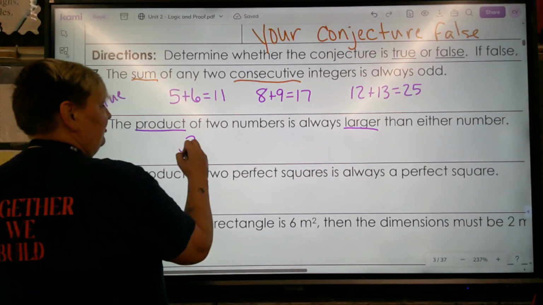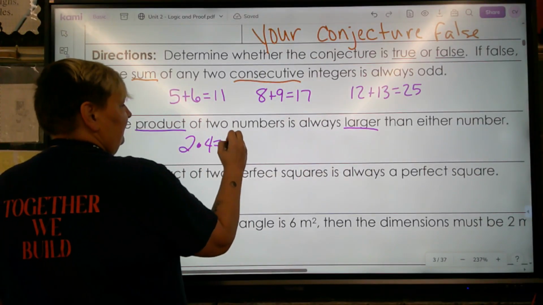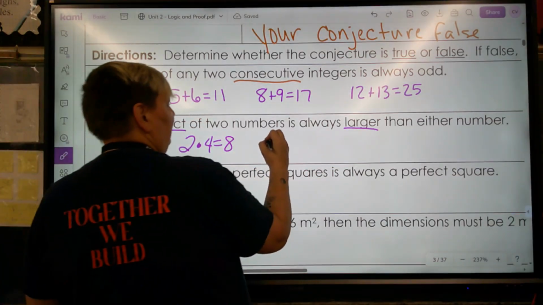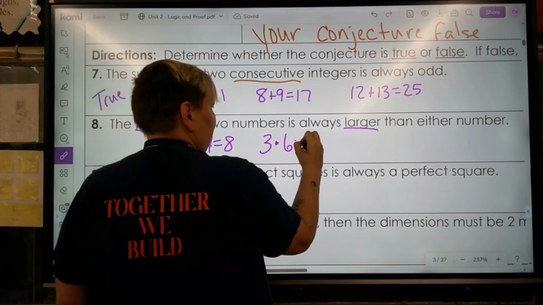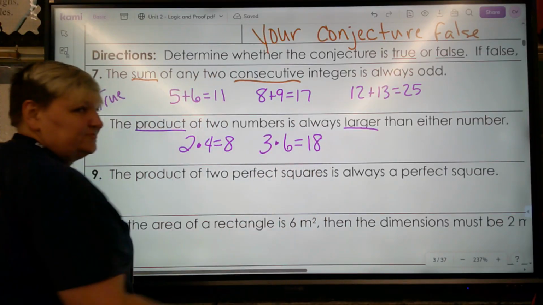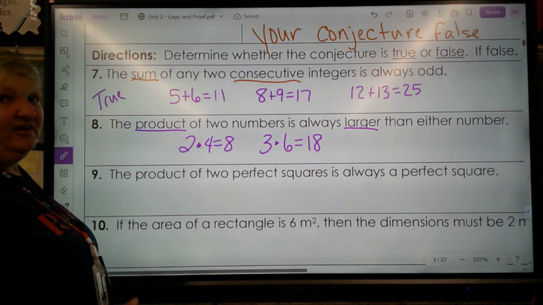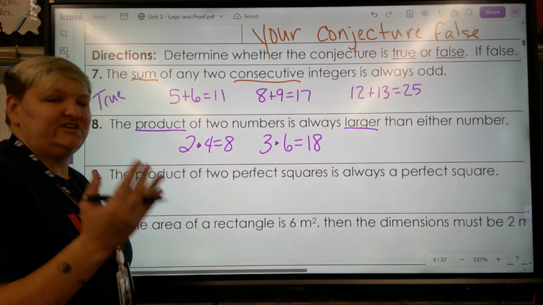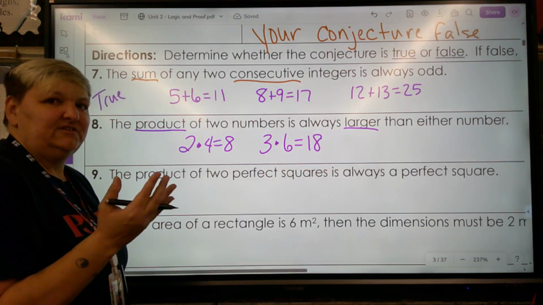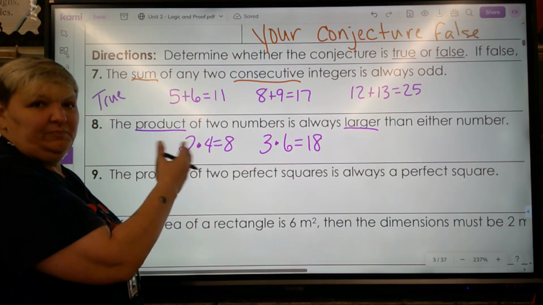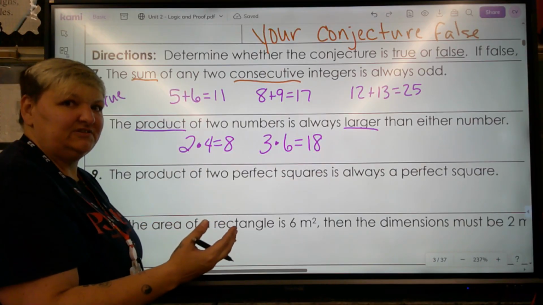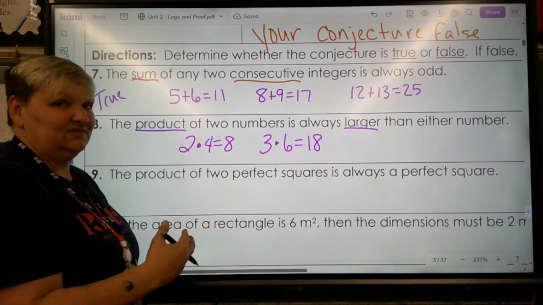So 2 times 4, 8. 8 is bigger than the numbers we started with. 3 times 6 is 18. 18 is bigger than the numbers we started with. Here's where you need to remember your number properties. 1 and 0 do weird things. So if they're asking you to play with numbers like this, play with 1 and 0 and see what happens.